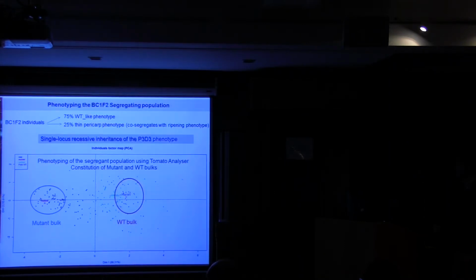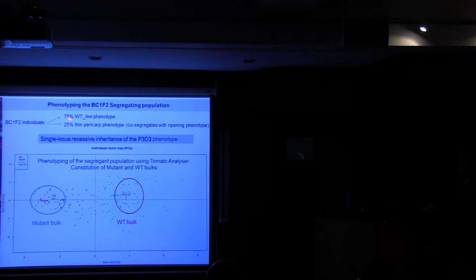So we did that. In that case, for example, we didn't have so many seeds, so we have been working on a very small population, 172 or 173 BC1F2 individuals. We scored the different phenotypes.